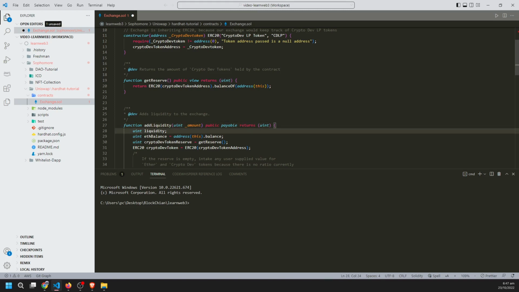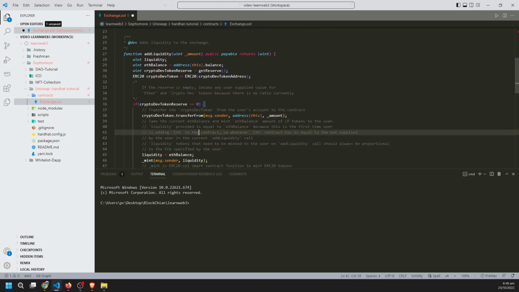Then here it is a uint local variable liquidity, the Ethereum balance of this contract. Then the crypto dev token reserve: getReserve, ERC20 crypto dev token equal to crypto dev token reserve.